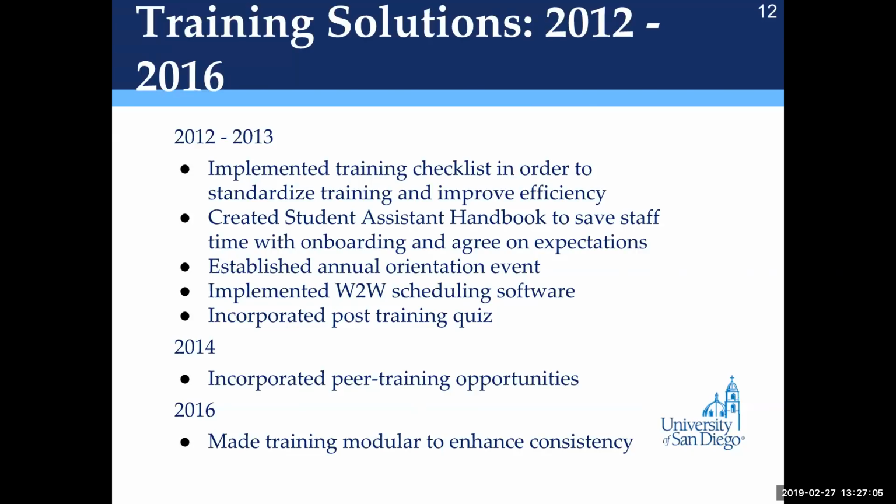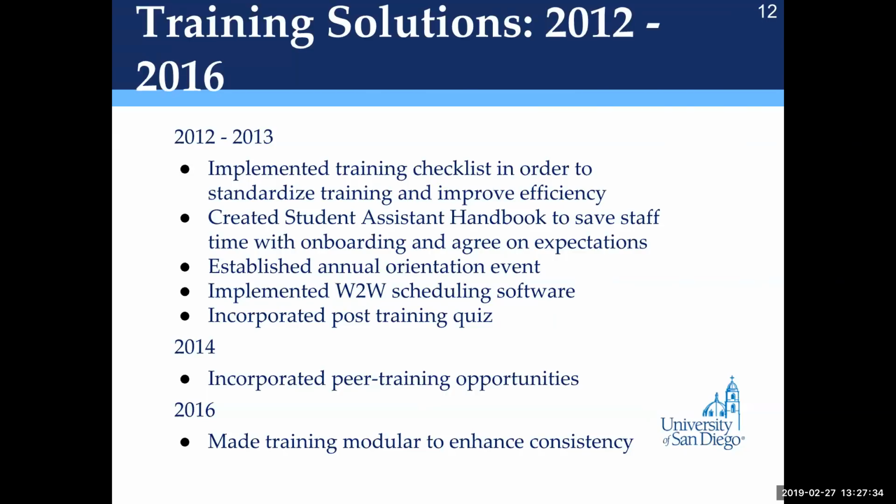And what happened with that was that some supervisors were spending 2 or 3 hours on one student, and others were only spending 30 minutes or maybe didn't even do any training with the student. So for the staff, it was very disproportionate, which was frustrating. But also, staff were being asked to train students in areas that weren't necessarily their favorite or their area of expertise. So our IT person wasn't too keen on showing students how to shelve, or our shelving person wasn't too keen on IT stuff.